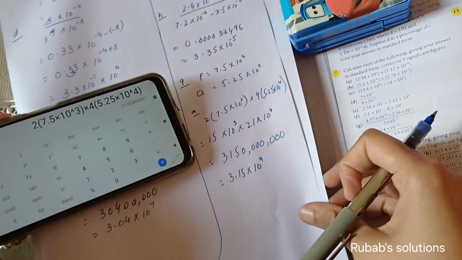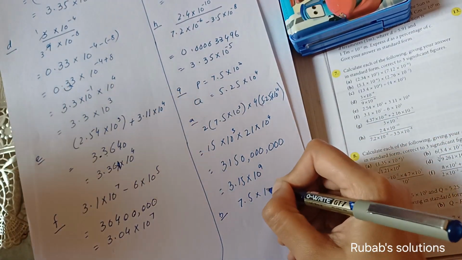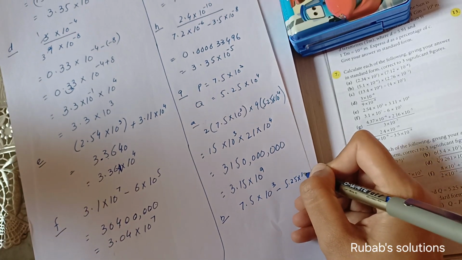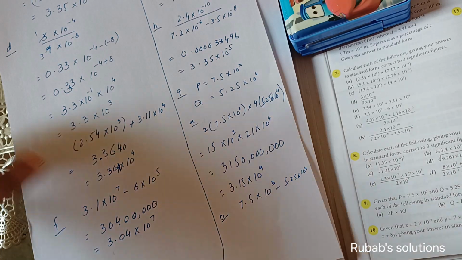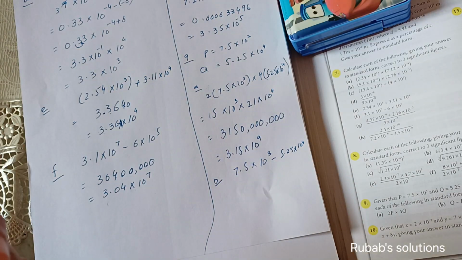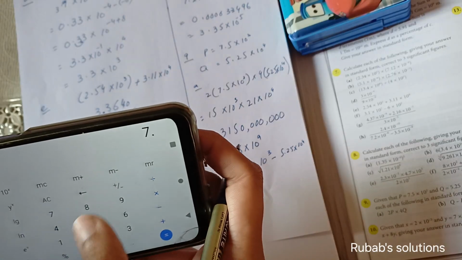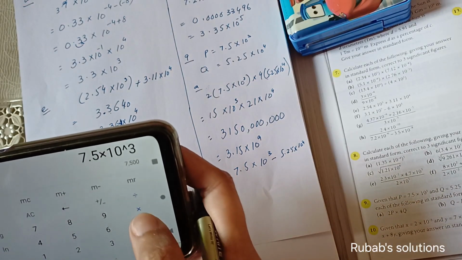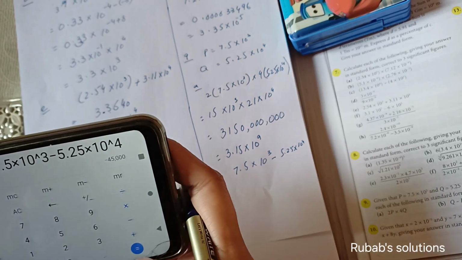Q minus p, so part B is q minus p. It will be 5.25 into 10 power 4 minus 7.5 into 10 power 3. So using the calculator again I will get an answer. 7.5 into 10 power 3 minus 5.25 into 10 power 4.